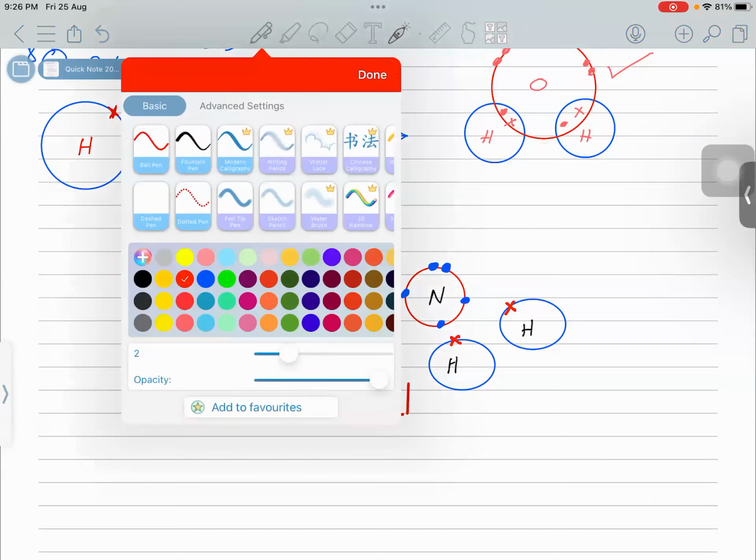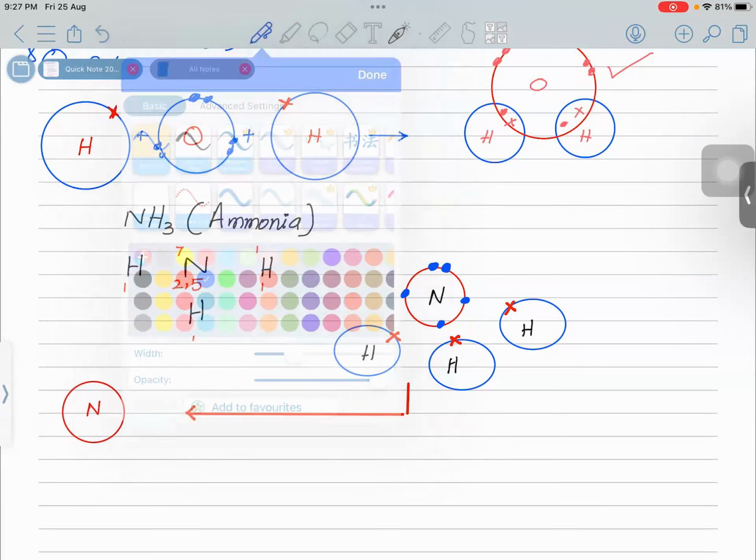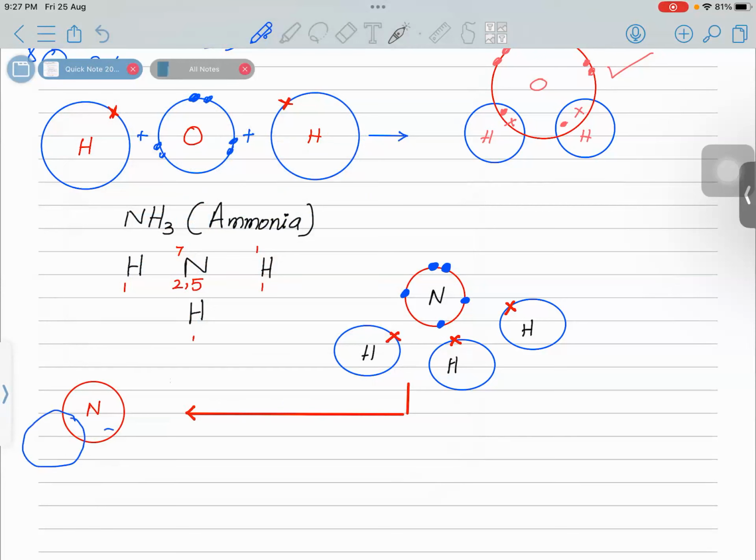Now we have nitrogen, and then we have 3 hydrogens. This is hydrogen number 1, this is hydrogen number 2, and this one is hydrogen number 3. So 3 hydrogens along with 1 nitrogen.